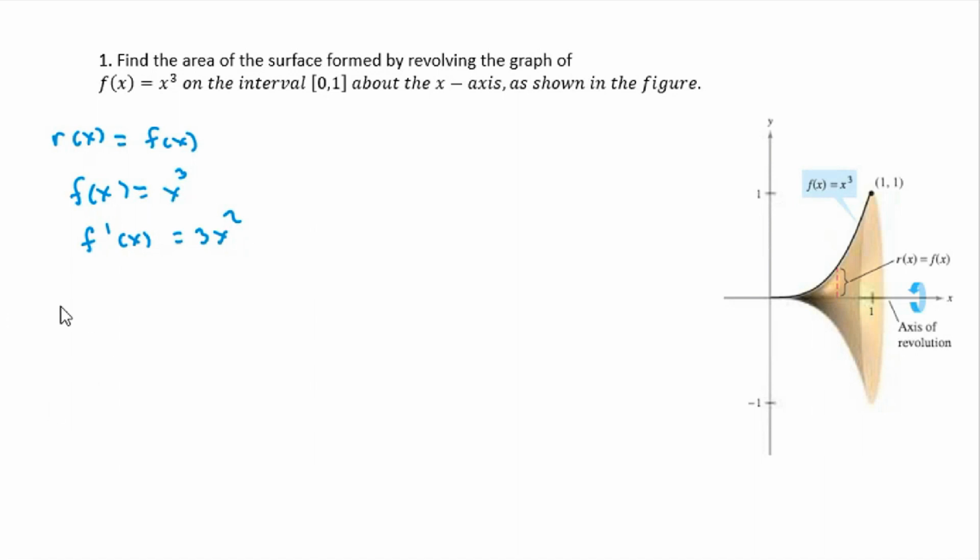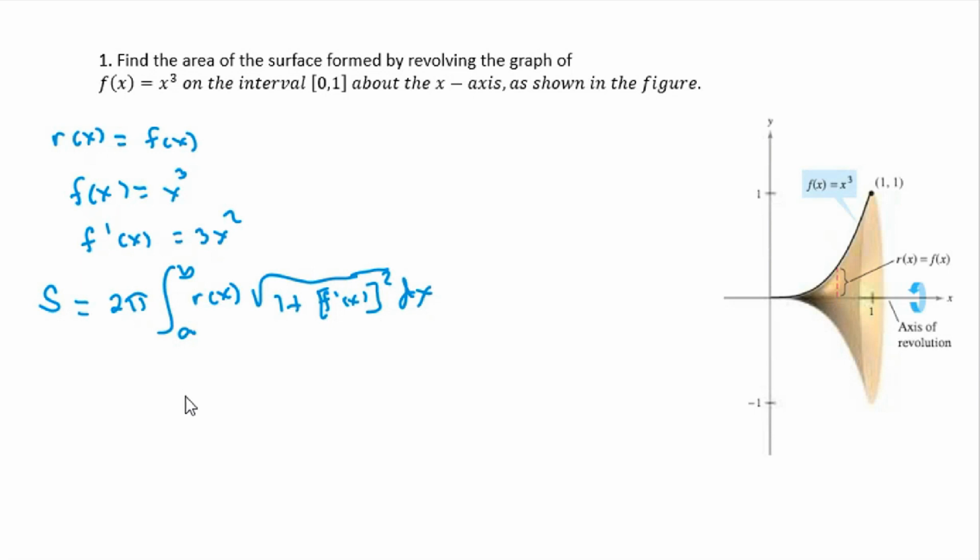Writing now the formula for the surface area, S is equal to 2 pi times the integral of r of x times the square root of 1 plus f prime of x, the quantity squared, dx from a to b.